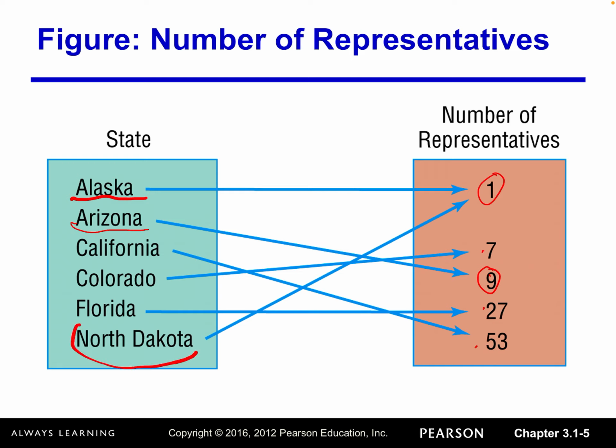So one element in the state pairs with exactly one number of representatives. We don't care whether y has a repeated value or not. We only care whether one x pairs with exactly one y or not. So what we need to look at is just the left-hand side, each element, and how many arrows go outside. If only one arrow goes outside, then this relation represents a function. So the answer for this example: yes, this relation is a function.